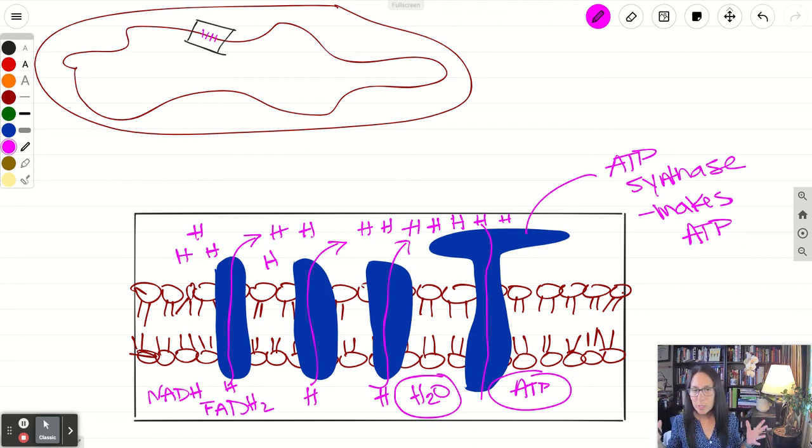So the big picture point is that you are generating ATP and H2O in the electron transport chain of cellular respiration. Okay? So that's the whole picture. It's a little bit complicated, but not too bad. Cellular respiration happens in 3 steps: glycolysis, citric acid cycle, and electron transport chain.